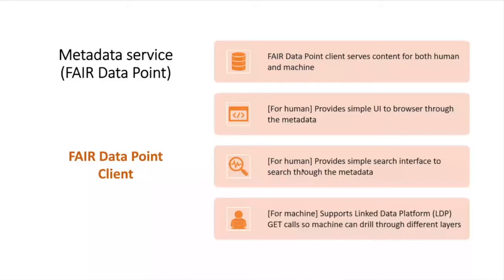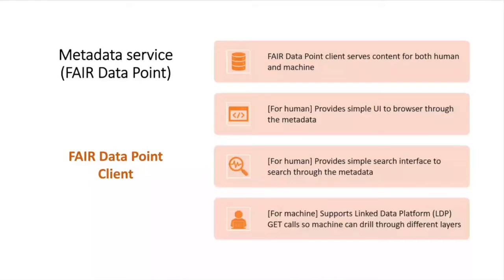You can search for content that is described in Fair Data Point, a simple search based on text. For machines, the Fair Data Point UI also supports a Linked Data Platform GET call. So as a machine, you can also drill through different layers of metadata, starting from catalogs all the way up to distributions.